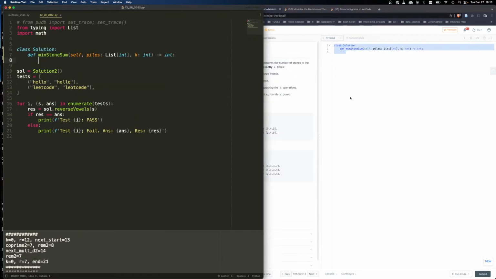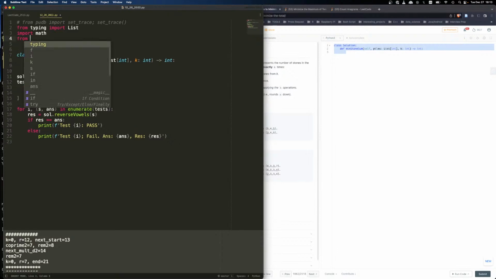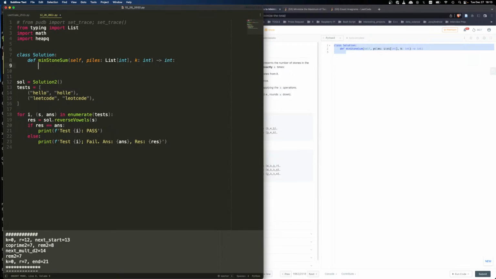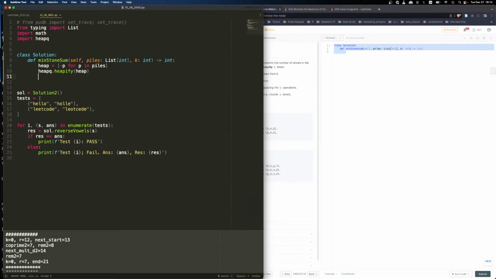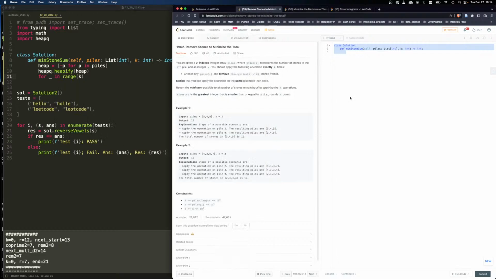So what do we have? We need a heap, so we'll import heapq. And heap equals minus p for p in piles, and heapq.heapify(heap). Then for this in range k. That should be fine, we just do k times.